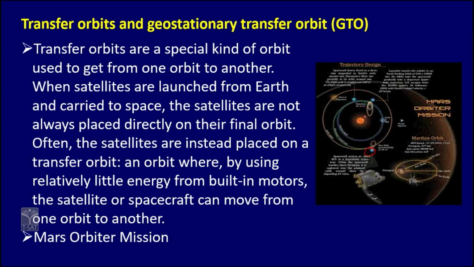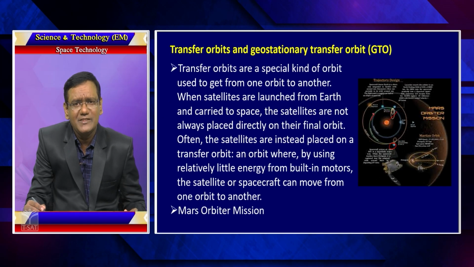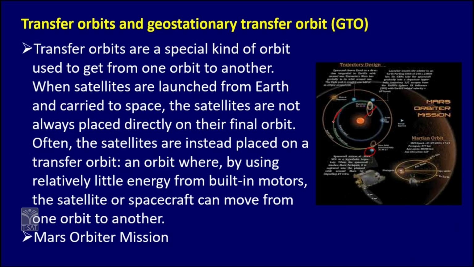Initially we take the satellite up to this position first, and then it revolves around this, and when it comes to this position we change the velocity of the satellite and increase the speed. Once we increase the speed, what happens? It actually goes to a different orbit.